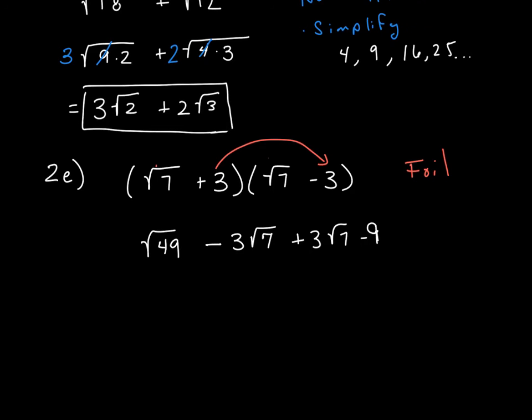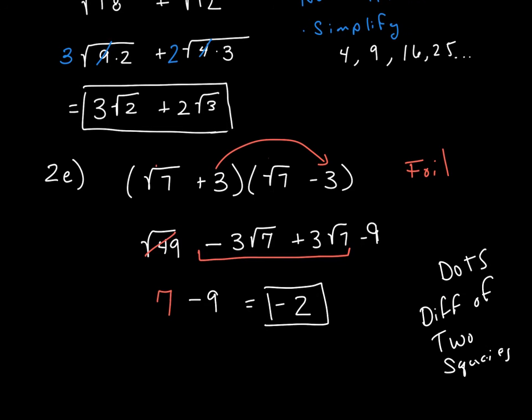Now if you notice, these two cancel out because one of them is negative and one of them is positive, so they completely go away. And then the last thing is the square root of 49 is 7. So this just becomes 7 minus 9, or negative 2. Because one of these terms is positive and one of these terms is negative, that cancelling is something we're going to be using when we talk about division.